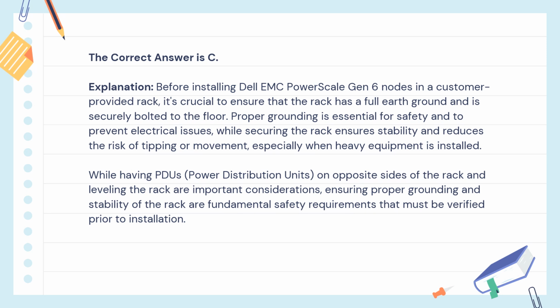While having PDUs, power distribution units, on opposite sides of the rack and leveling the rack are important considerations, ensuring proper grounding and stability of the rack are fundamental safety requirements that must be verified prior to installation.